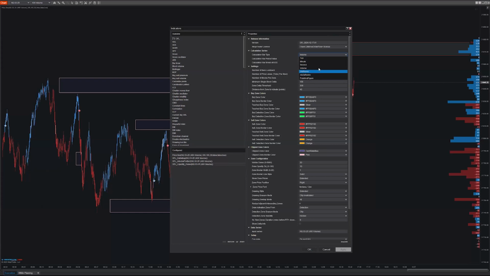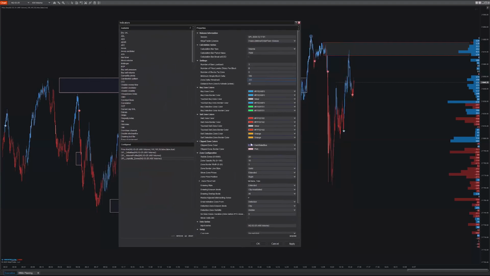We also have Renko, Ninja Renko, etc. You can specify the periodicity, and you can specify what you're looking for as your thresholds and all of the different colors. One thing that's really nice about this is that the buy and sell zones are marked.